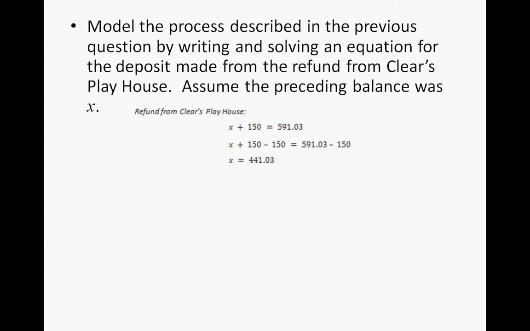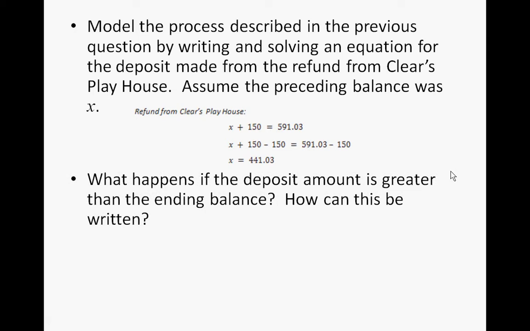To isolate X, we want to make 0 here, so we subtract 150, which means we subtract 150 on this side of the equation too, which leaves us with X equals $441.03.